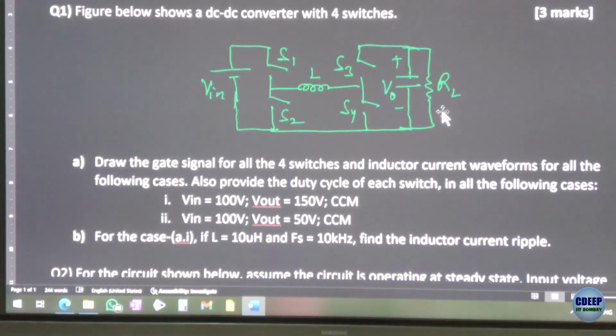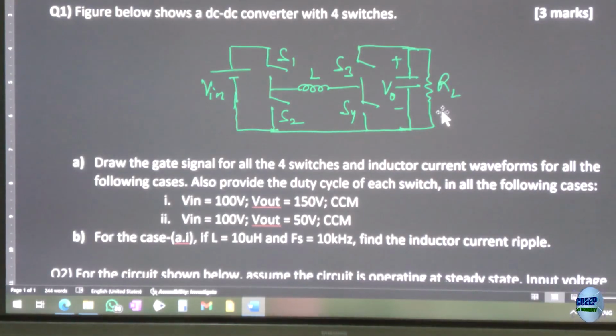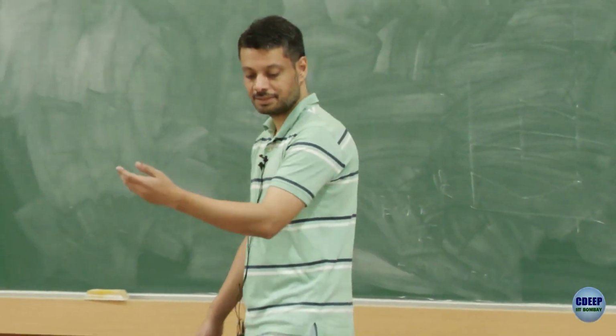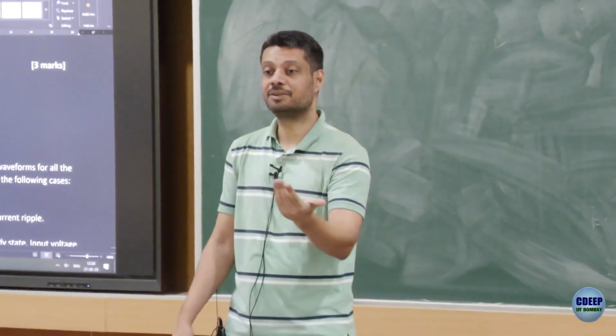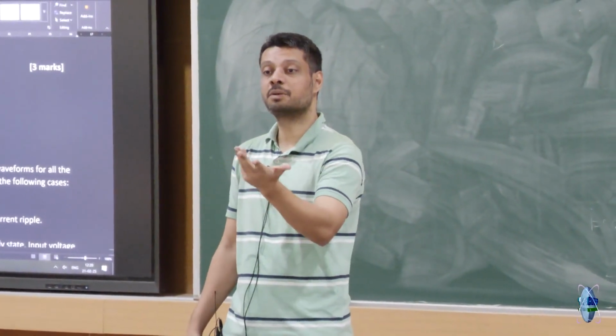Somebody may have used it as buck boost, you will get a different value. Both are correct if you have shown which way you have done it, right? Is that okay? What were the values you got? Anyone remember? For part B, 33.33. Okay, I messed up the values. Okay, what about buck boost? For buck boost?